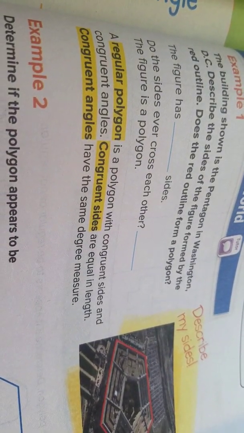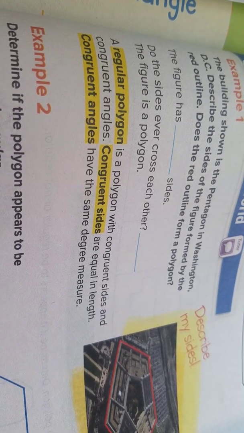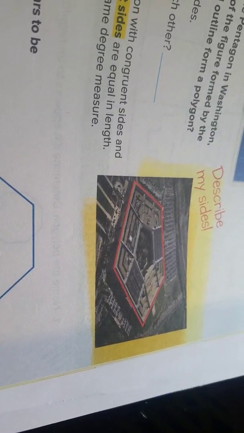Let's take a look at example 1. The building shown is the Pentagon right there. It's in Washington, D.C. Describe the sides of the figure formed by the red outline. Does the red outline form a polygon? So let's decide first. Is it closed? Yeah, there's no gaps. Are all of the sides nice straight line segments? They look like it to me. See, they're talking about the red outline here.